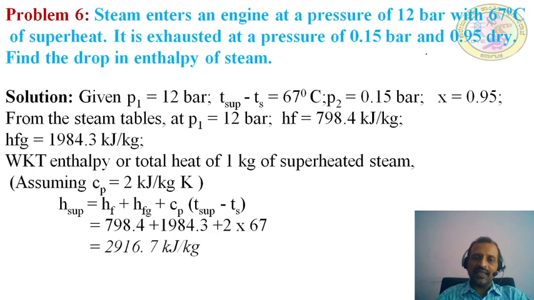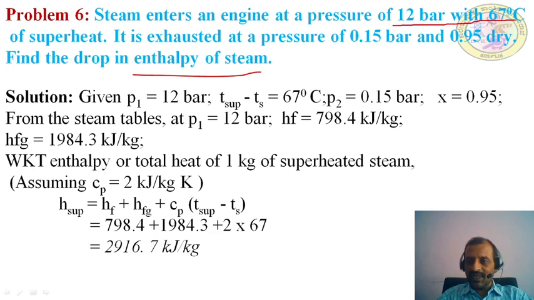In that case, find the drop in enthalpy of the steam, he asks. When it is 12 bar, 67 degrees Celsius temperature, some amount of heat is required to convert this into a superheated steam. When it is exhausted, at that time the steam becomes a wet steam, with a dryness fraction of 0.95.